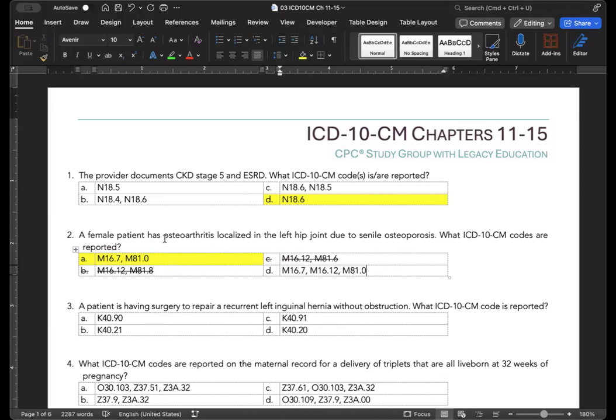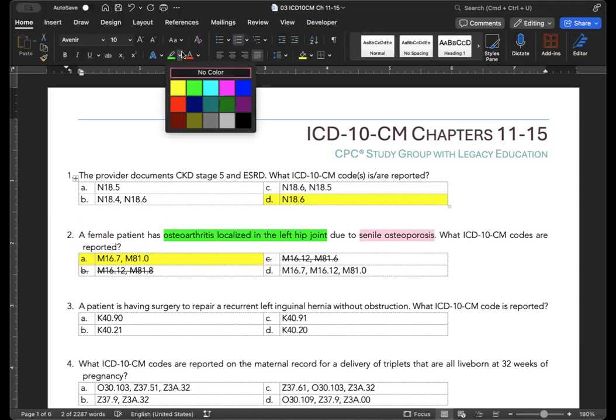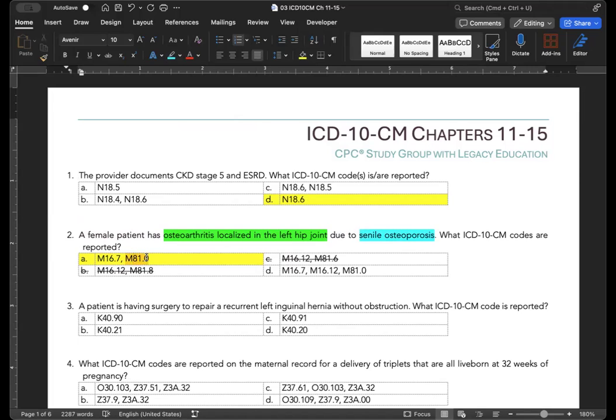M16.7 is the secondary osteoarthritis, and M81.0 is for the age-related osteoporosis, which is the senile osteoporosis. So we should only code the M81.0 for the senile osteoporosis, and then the M16.7.